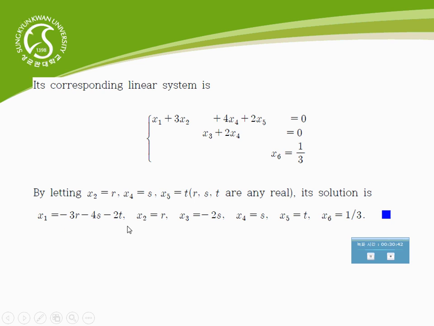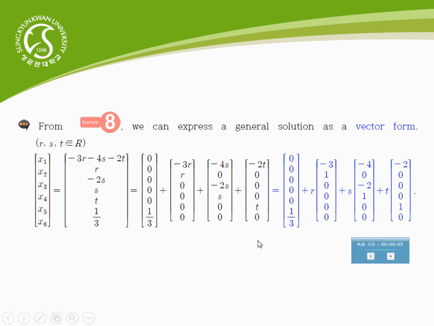Then x1, x3, and x6 can be written as a linear combination of those free variables r, s, and t. So you can find the whole set of solutions. With those, you can write the set of solutions as a linear combination of these 3 vectors like this, plus the constant vector like this.